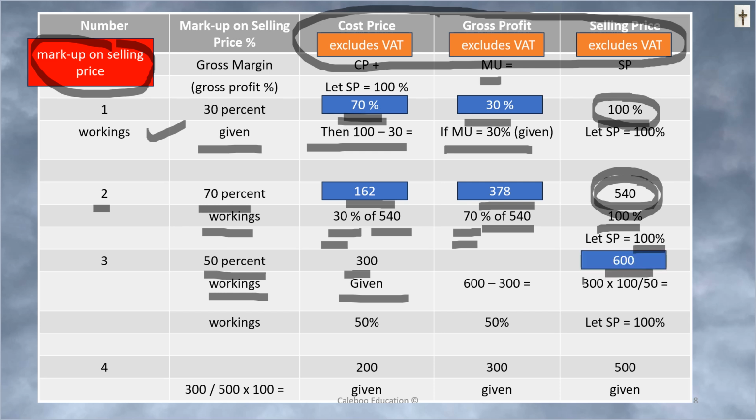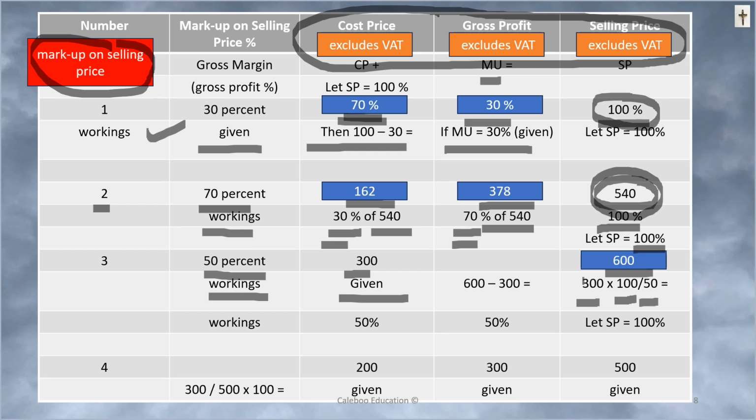What is the selling price? We say 300, the given cost price, multiplied by 100, because I want to get to the selling price. I want to get to the 100% over the markup on the selling price.